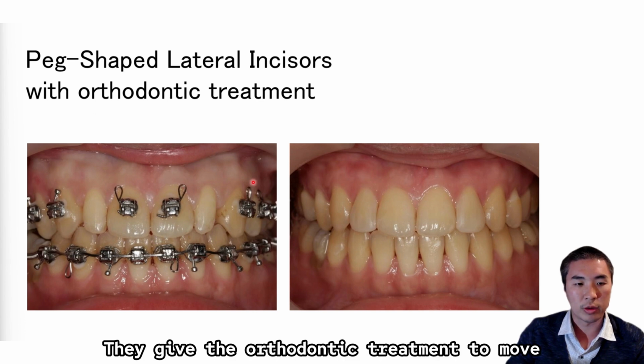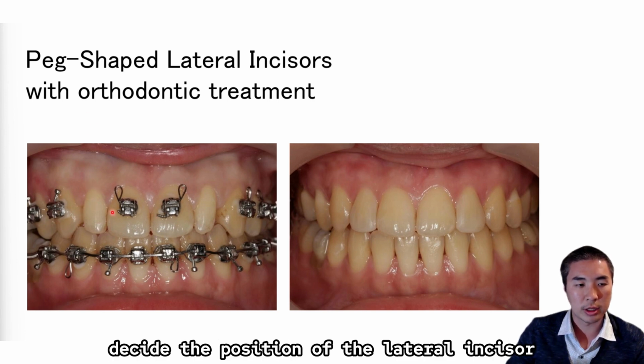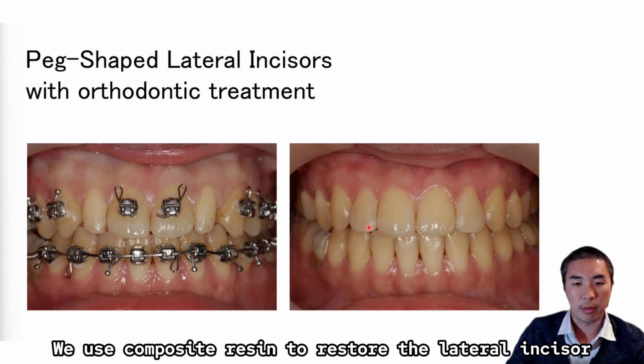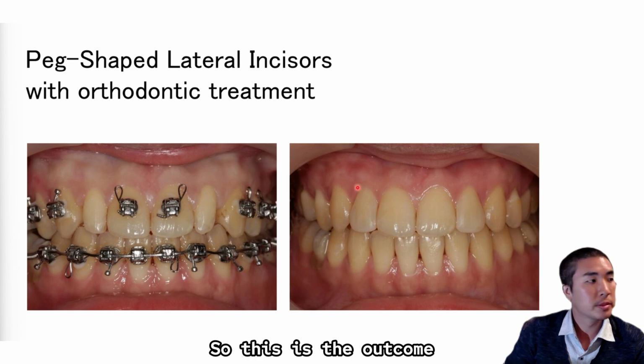They give orthodontic treatment to align the teeth, and after the orthodontic department decides the position of the lateral incisor, we use composite resin to restore the lateral incisor back to normal shape. So this is the outcome.